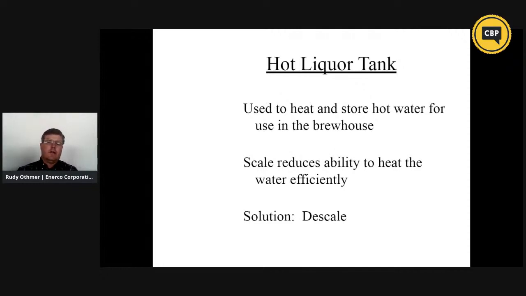So we're going to use an acid descaler in our hot liquor tank as needed. When either we're not heating as fast as we need to, or we look in there and observe that off-white yellowish layer developing on our heat exchanger.